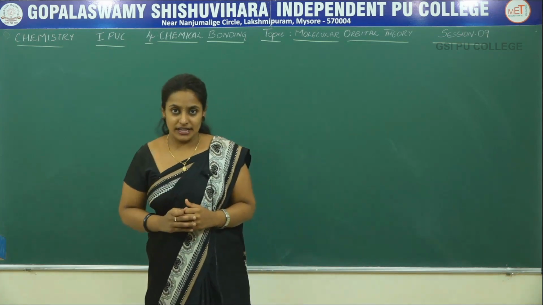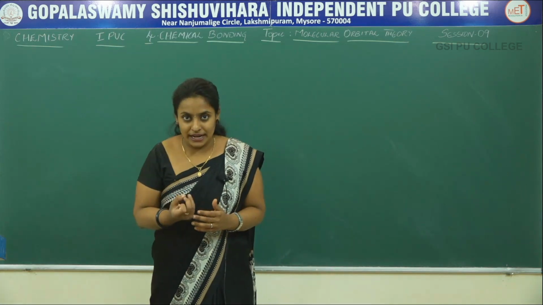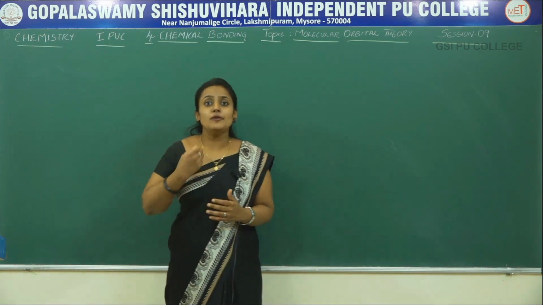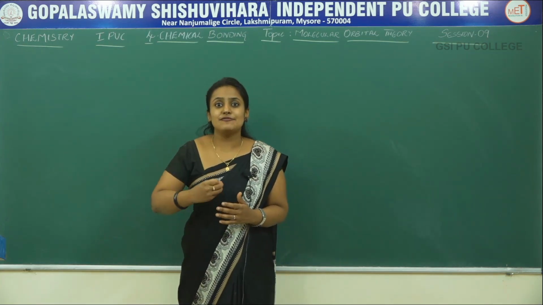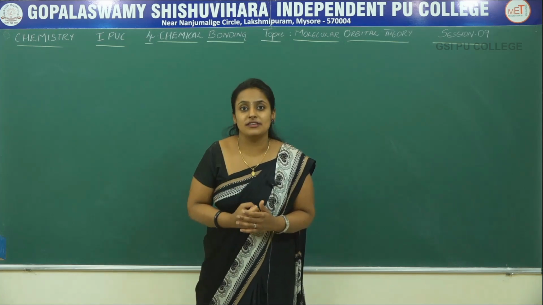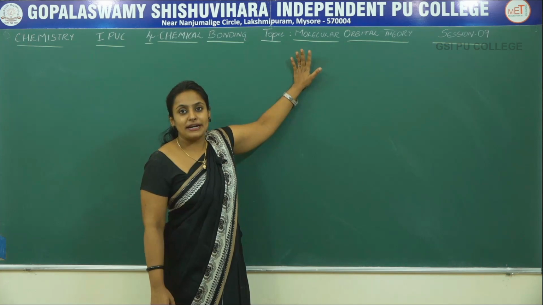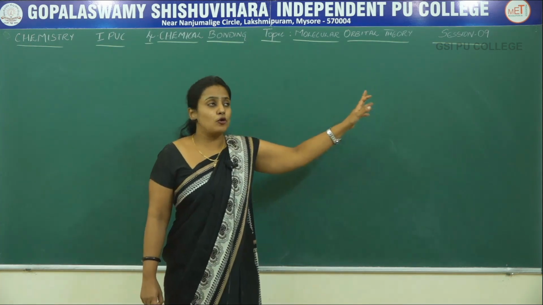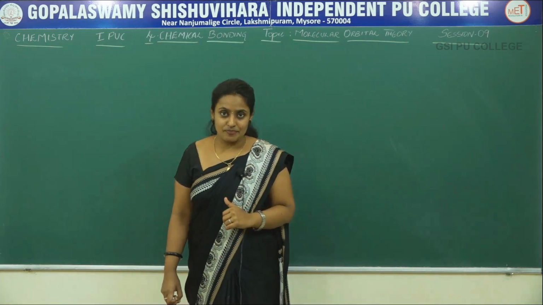In valence bond theory, the magnetic nature of the molecule could not be explained, and as well as the stability of the molecule could not be explained by the valence bond theory. These few drawbacks have been overcome by molecular orbital theory. So, in this session we are going to discuss the important topic, that is molecular orbital theory.